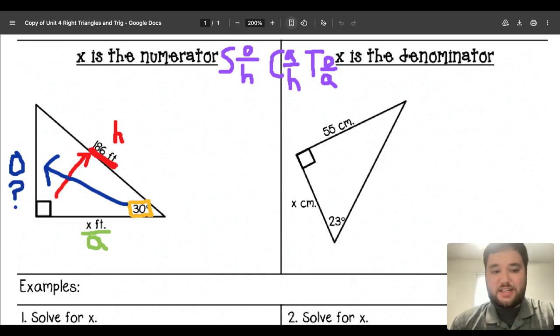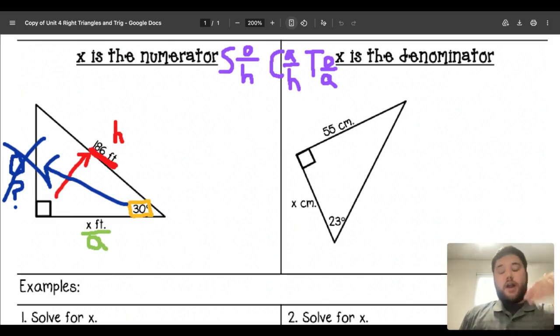It's not x, it's not anything given to me. So when deciding which trig function to use, if I have the hypotenuse and I'm trying to find the adjacent, A and H are the two letters that I need in this trig ratio. That leads me to cosine. So for this problem, I'm going to use cosine.